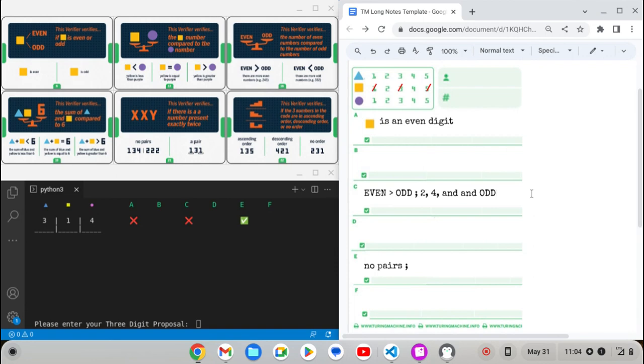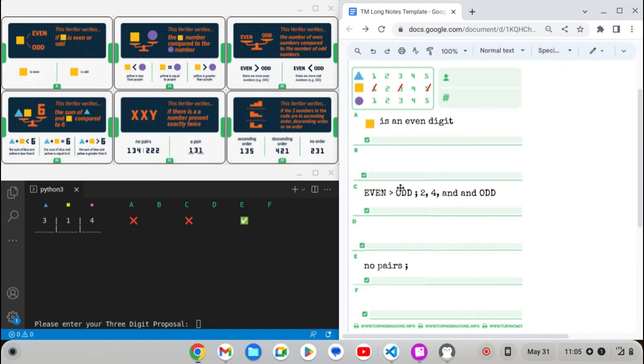So now we have to start thinking about how to construct a good second proposal that'll lead us to our solution. And so if you take a look at criteria card B, that square equals circle, it's very unlikely that that's going to happen if indeed you have a 2, 4, and an odd. They're simply just not going to be equal to each other. And let's see what else.